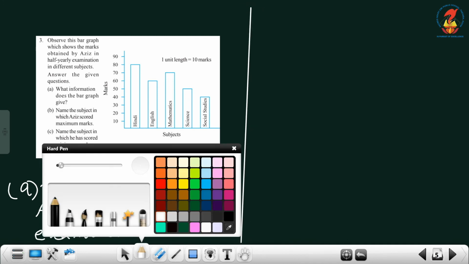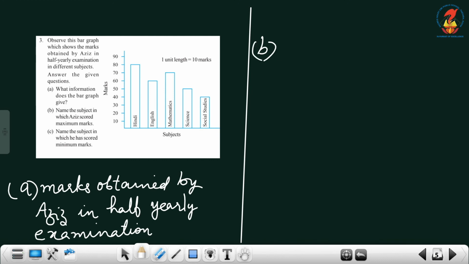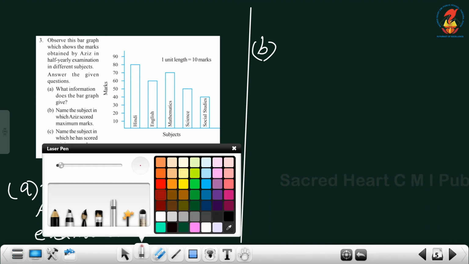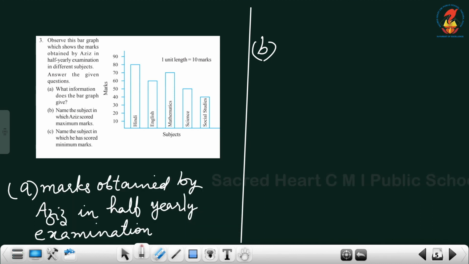Then second question, name the subject in which Aziz scored maximum marks. For that you have to identify each mark. So here subjects are given, and these are the marks. So equal 10, 20, 30, 40, etc. The first subject given is Hindi. How many marks? 80. What about English? 60. What about Maths? 70.